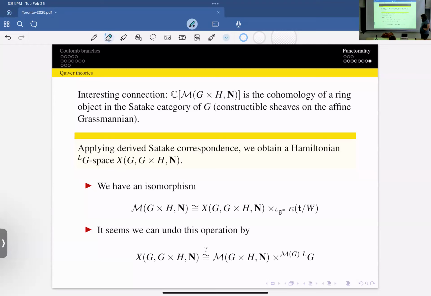There's also some concern about nothing here being derived, but I don't know. Somehow it seems to work out okay in these GLN cases.